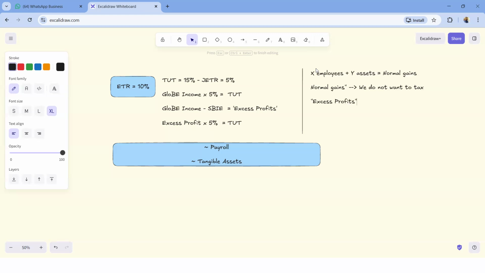So let's say I'm doing a drop shipment, a business model that we have seen very prevalently in our practice. There is no employee, nothing, but still they are generating profits. That, my friends, is excess profits.